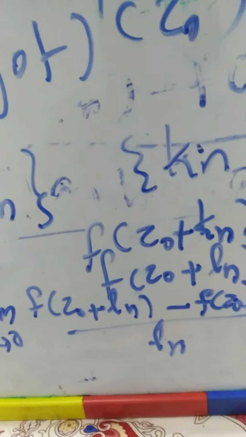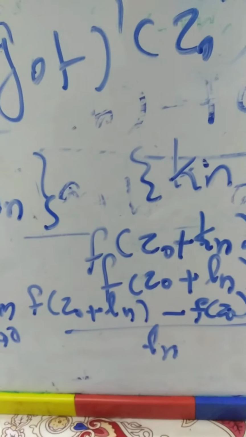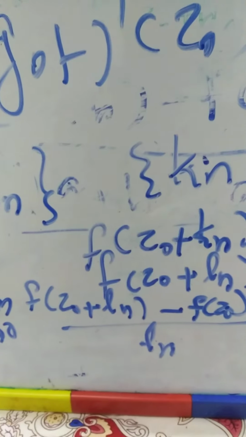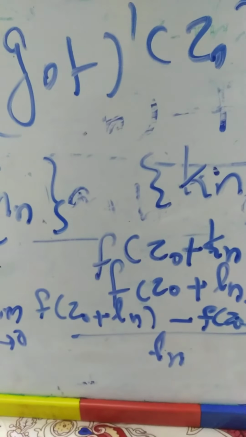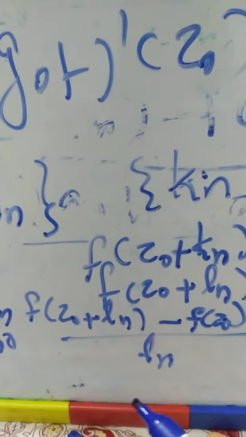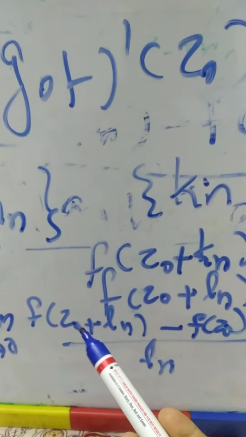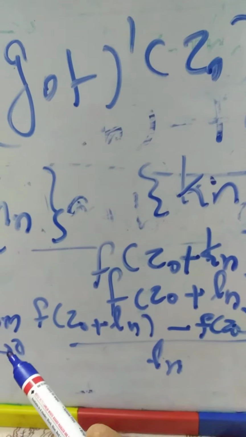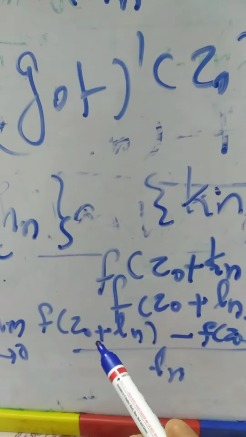In your statement, you have given that f is analytic on G. So f is analytic on G means at each point of G, f is analytic. Here your z naught is from G, so f is also analytic at z naught.